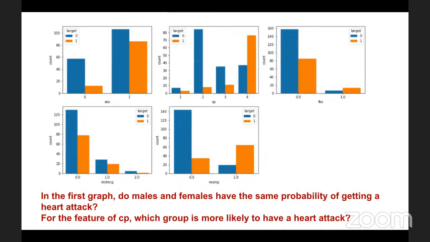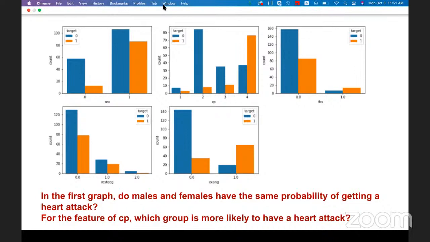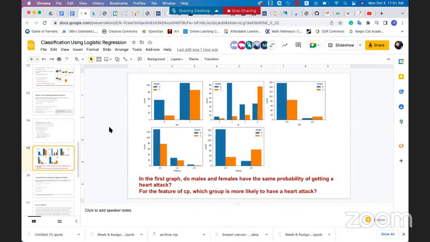So yeah, that's how we read this grouped bar plot. And also we can use another method to get the scores and to evaluate the hard numbers, to select the features with the hard numbers.